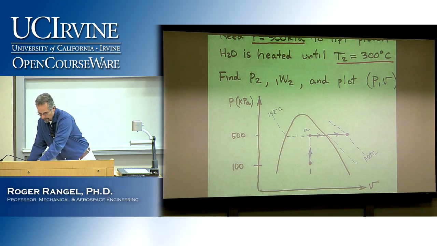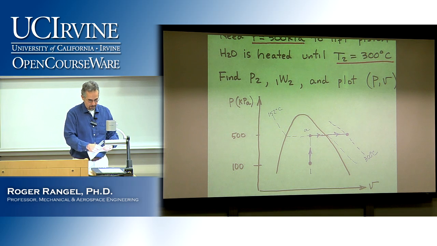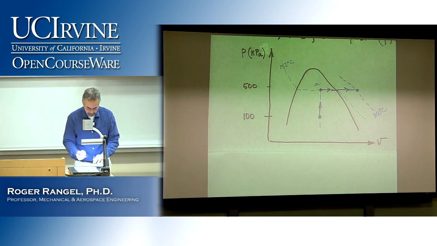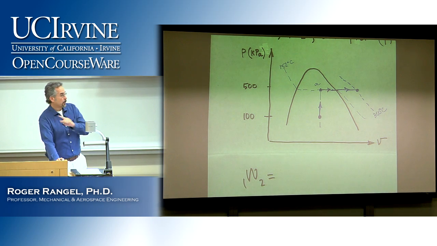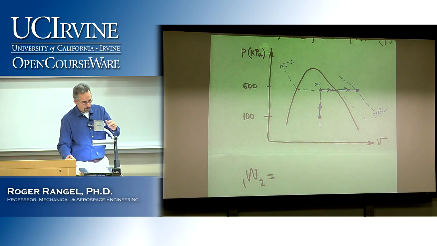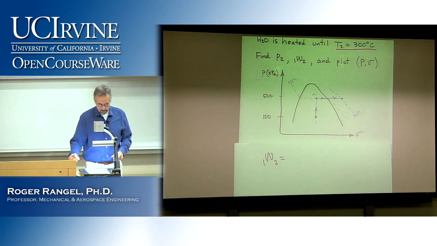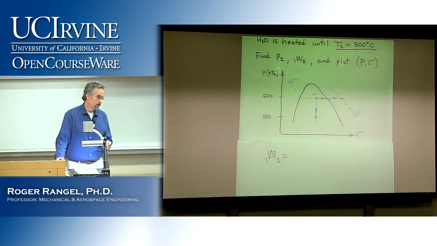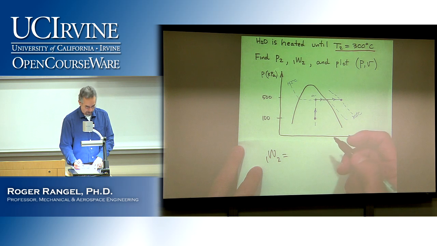Let me get another piece of paper here. What is the work going to be equal to? Yeah, and this is a good point. When you're doing a problem like this, even though it's obvious in this problem that the work from 1 to A is 0, that's not always going to be the case because the path in another problem might be different.